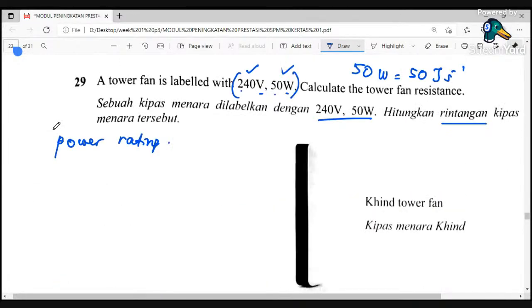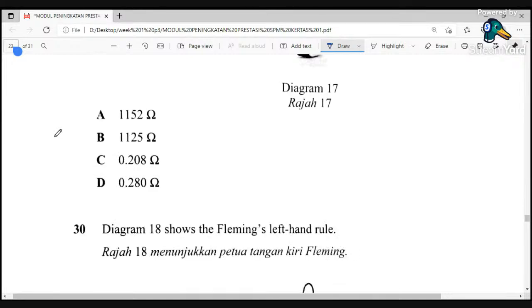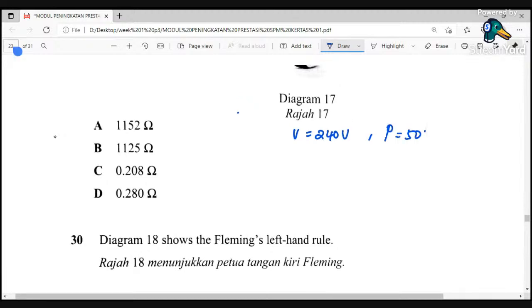Soalan calculate ya. Okay, given voltage dia tadi ialah output, power ialah 50 watt.